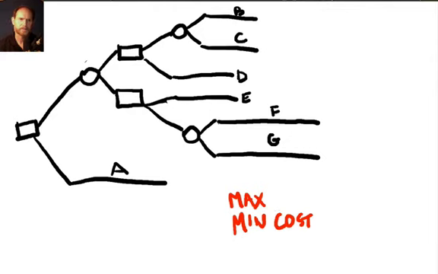So, let's suppose that with this example, we're minimizing cost. So, we're going to compute this EMV. That's going to give us a value here. Let's just call this EMV of FG. And we know how to do that. That's this probability times F plus this probability times G. And that gives us a value here.